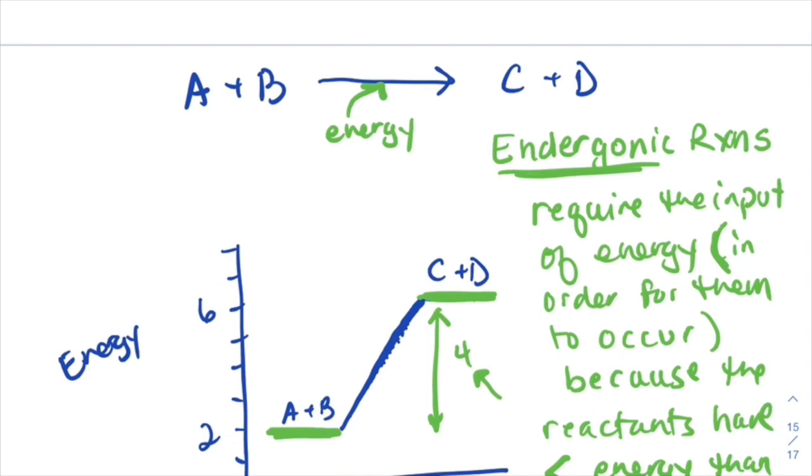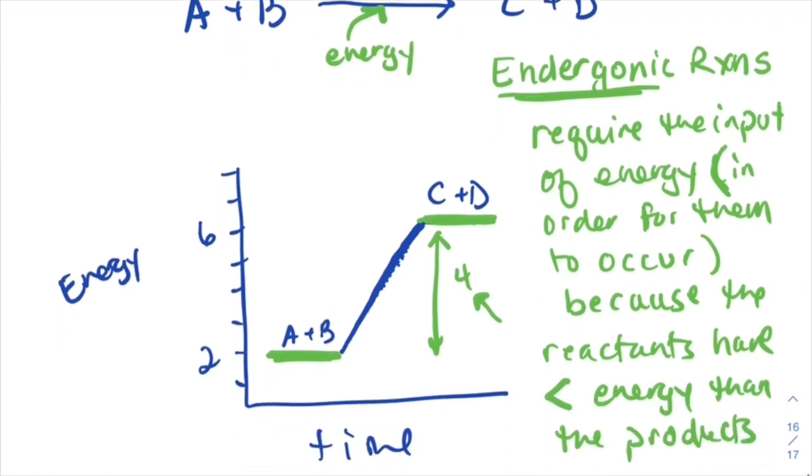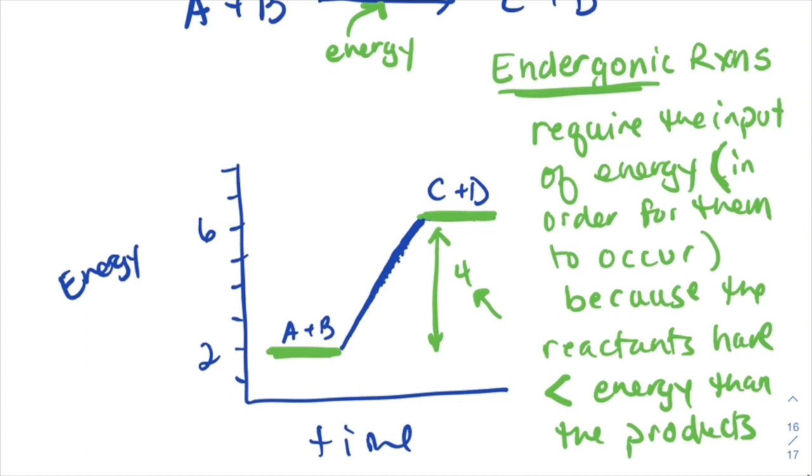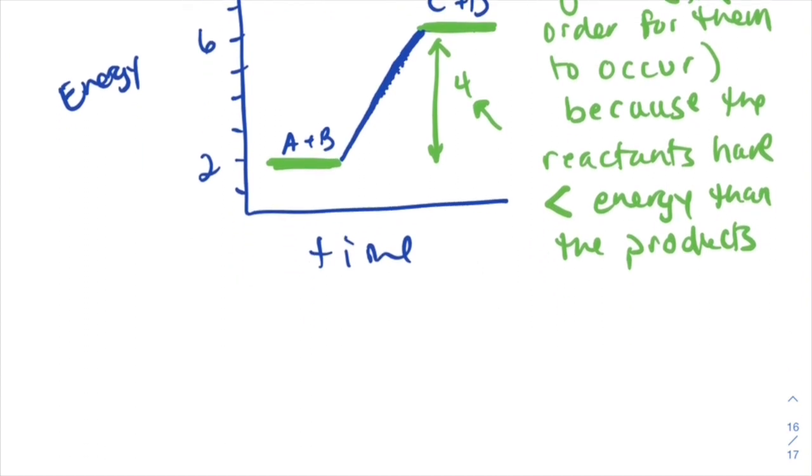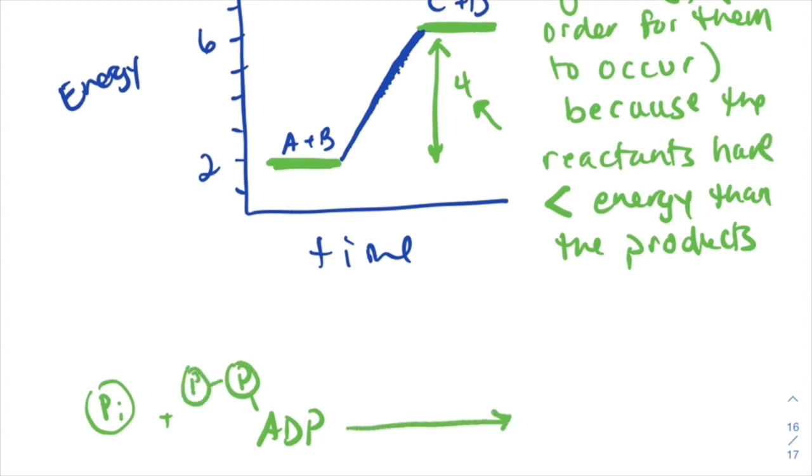And we've seen something like this before in this class also. We have seen a real-life chemical reaction that looks like this. It looks like a little phosphate group getting back together with ADP. And what do those form? They form ATP again.